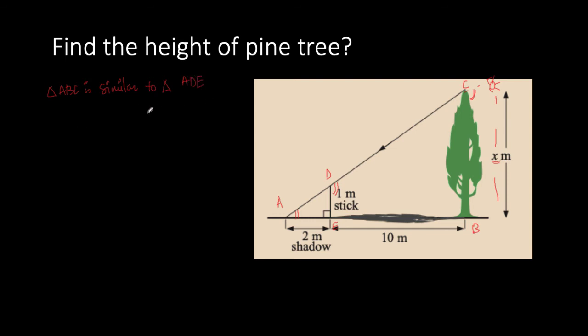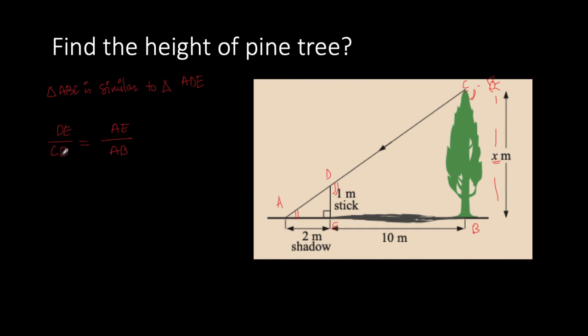So if these two triangles are similar, then the ratio of their sides would be in the same proportion. Okay, so can I write down DE over CB is equal to AE over AB? Now don't get confused and write it as EB. No, because for this triangle, AB is the length of this side.